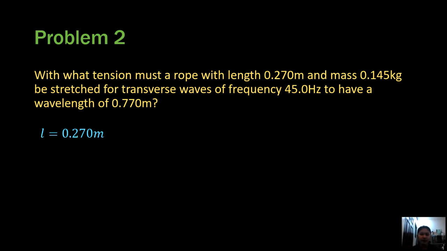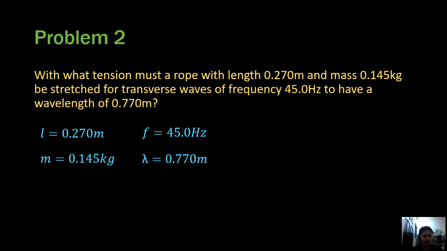We have the length of the rope, which is 0.270 meters, the mass of the rope, 0.145 kilograms, the frequency of the transverse waves, which is 45 Hertz, and the wavelength or lambda, which is 0.770 meters. So the problem is asking for the tension or the force.